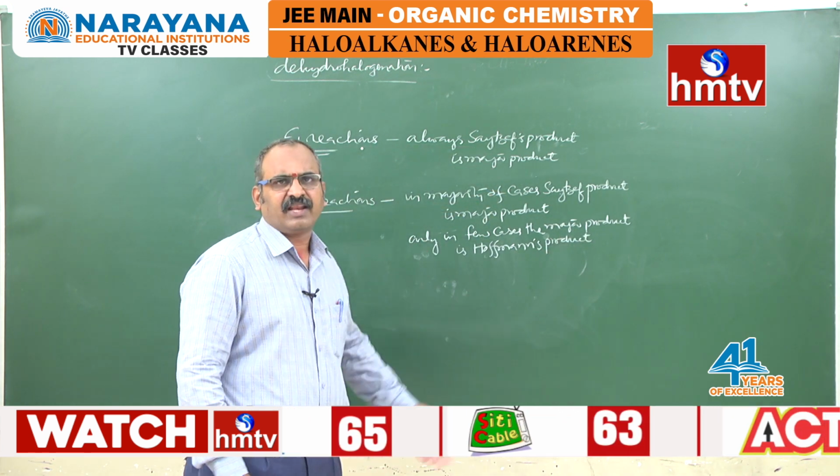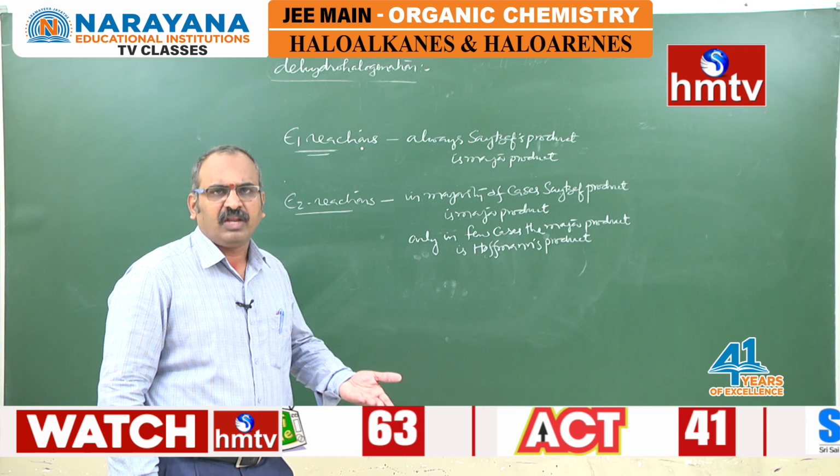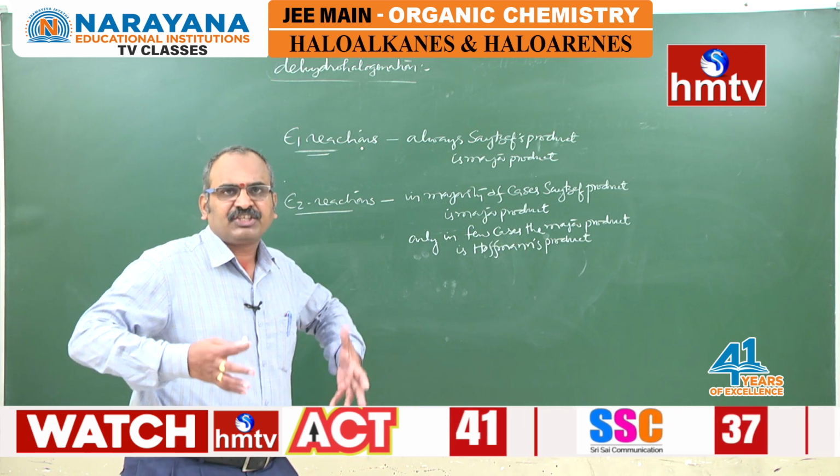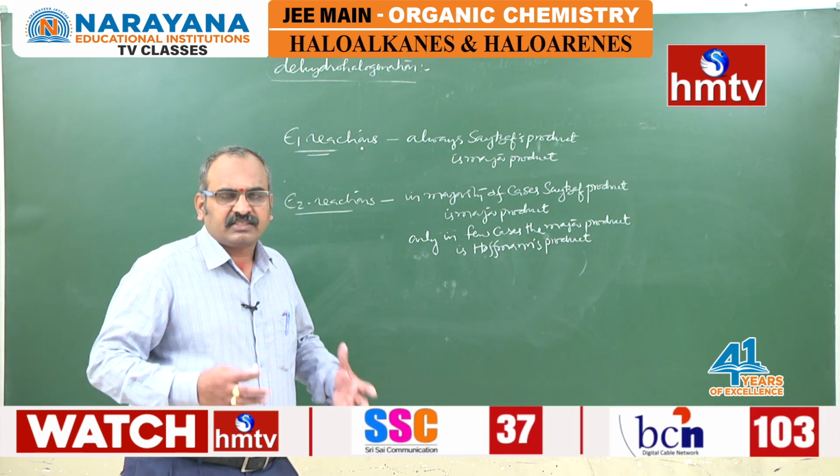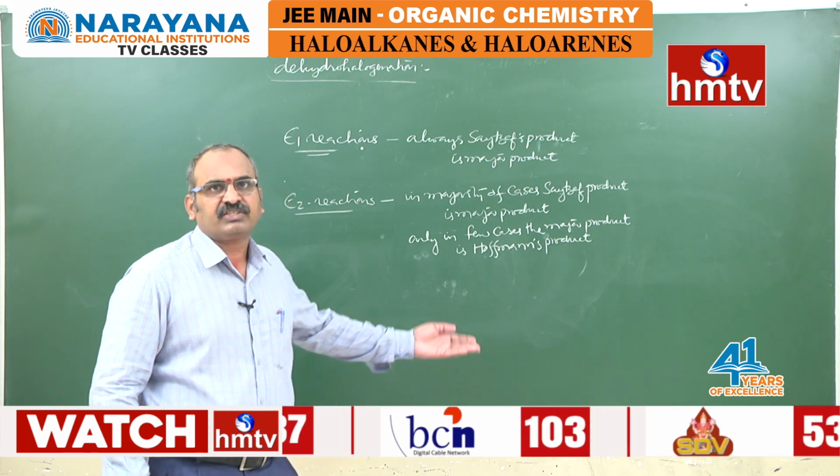Only in few instances, like when the leaving group is a poor leaving group like fluorine, or when the base used is a bulky base. I will give you few instances only.